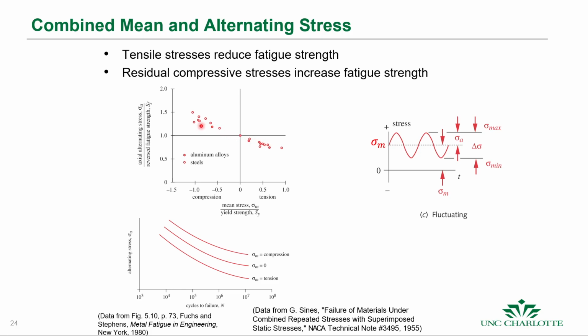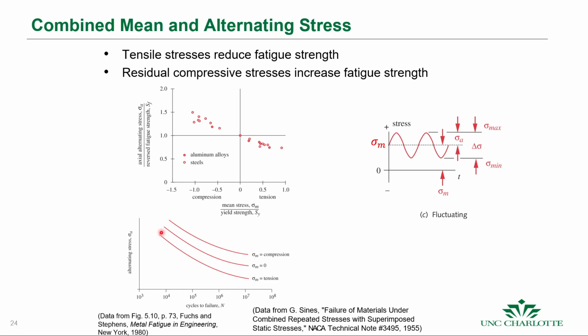And if we have compressive stresses, we actually get improved life. That's also seen down here. This graphic shows that when you have 0% mean stress and you have alternating stress, that's the fully reversed stress. That's our normal line here. If we actually have compressive stresses, it gives us improved fatigue life. And that's why we introduce residual stresses in components, and we'll talk about that as well.